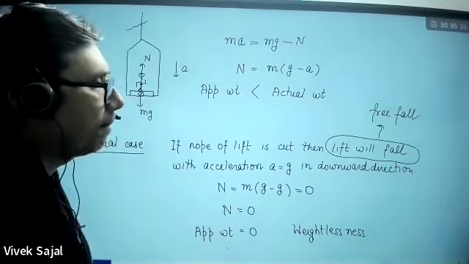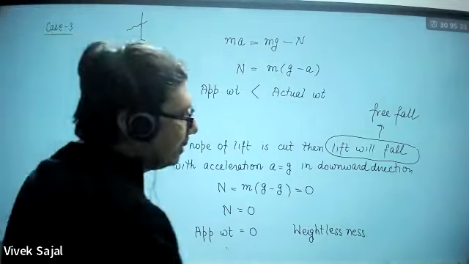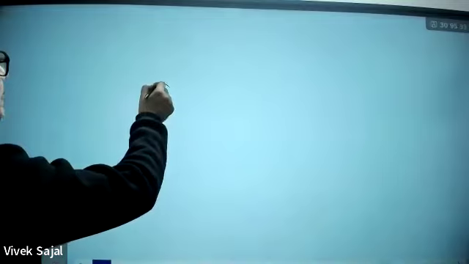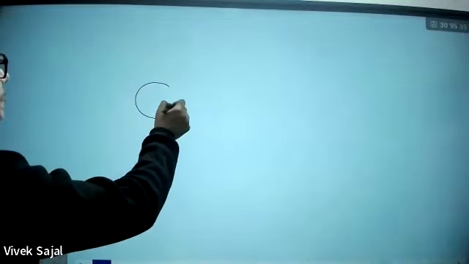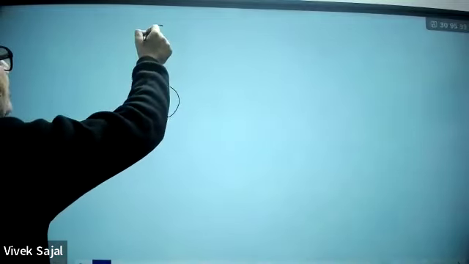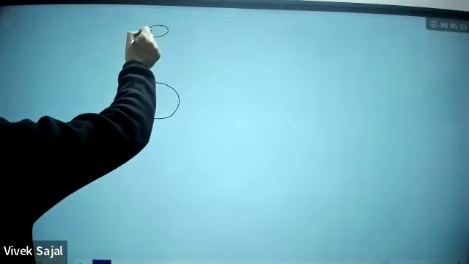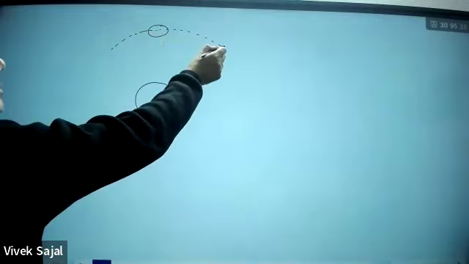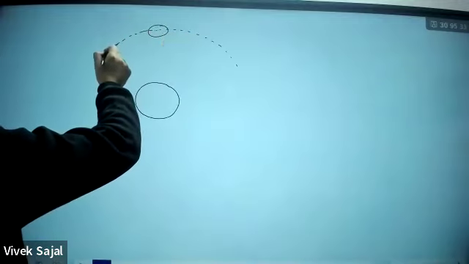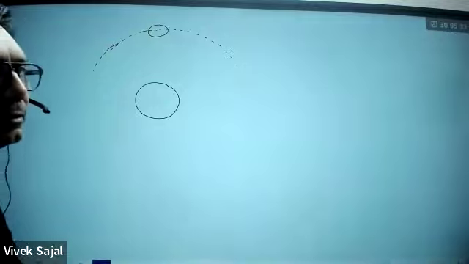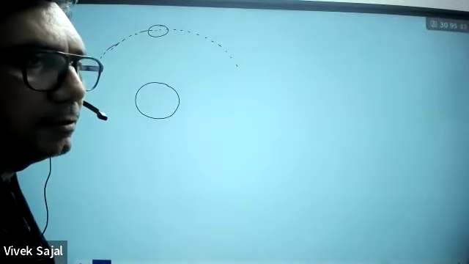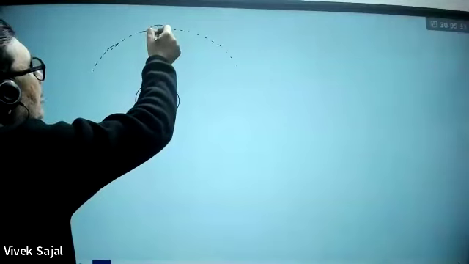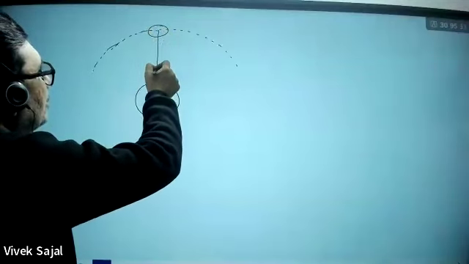Next. Another special case is there. Suppose this is our Earth and a satellite is here. I'm just showing it a little bit greater. It is undergoing this type of circular orbit. Okay? Then try to understand. Basically, it is undergoing circular motion.